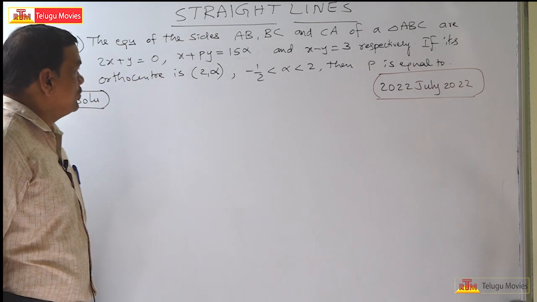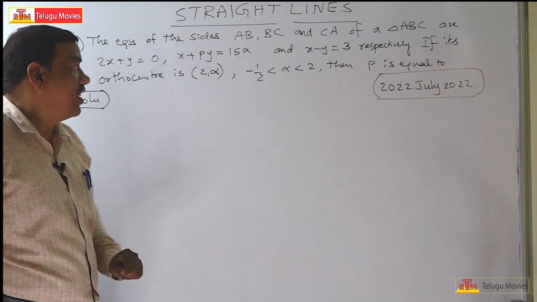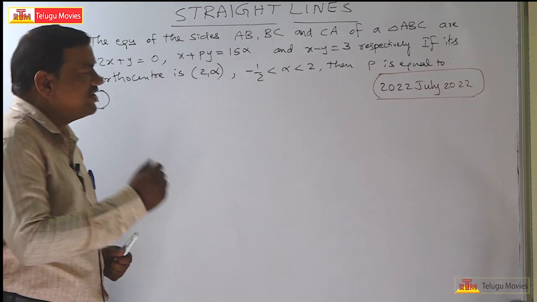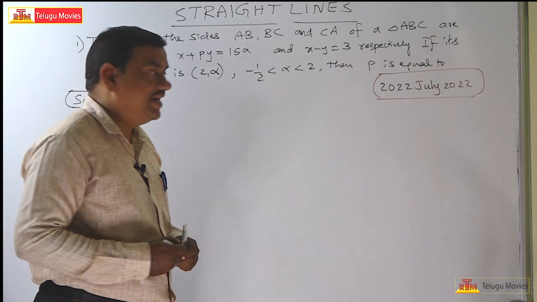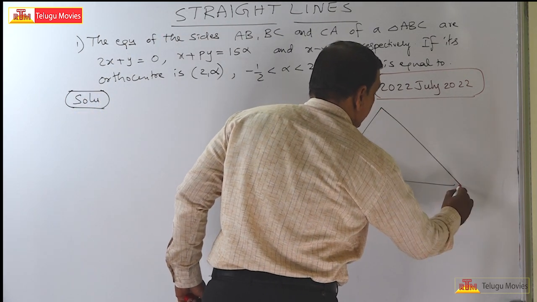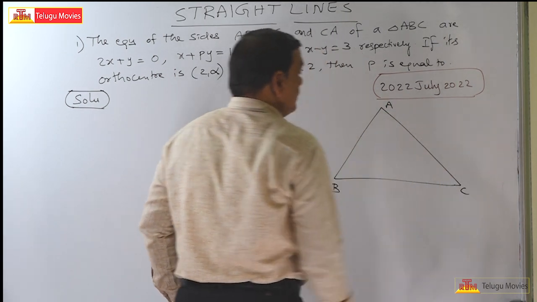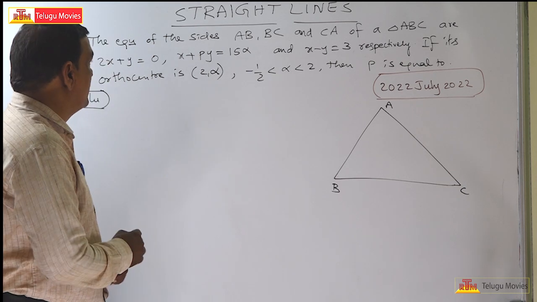Welcome to the solution. Here x plus py is equal to 15 alpha, not a. First of all, let us draw a neat diagram. ABC is the triangle.